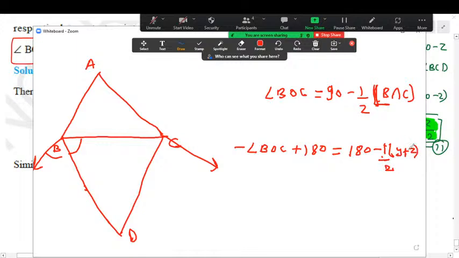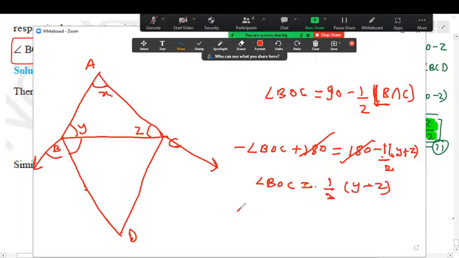Now this is given to be x, this is y, this is g that we have written. We will first cancel these 180, then we will cancel the minus symbol as well. We are only left with half y plus g.